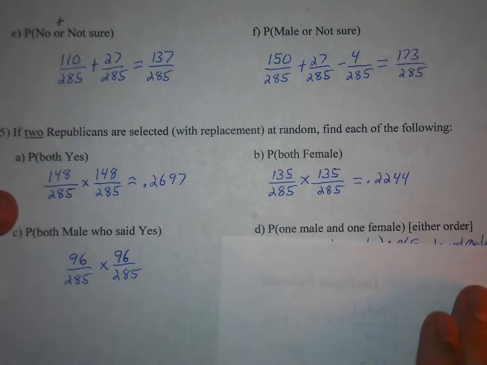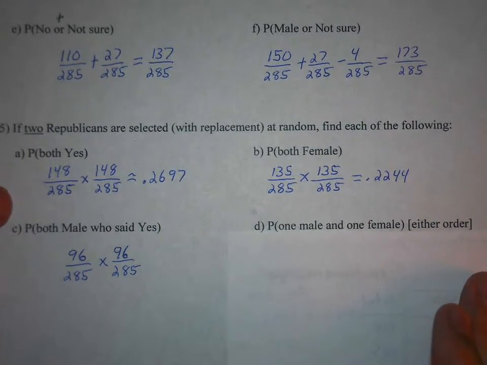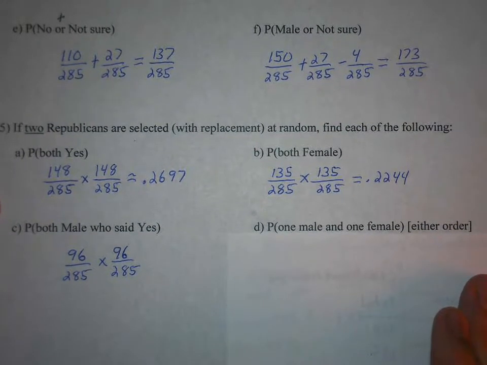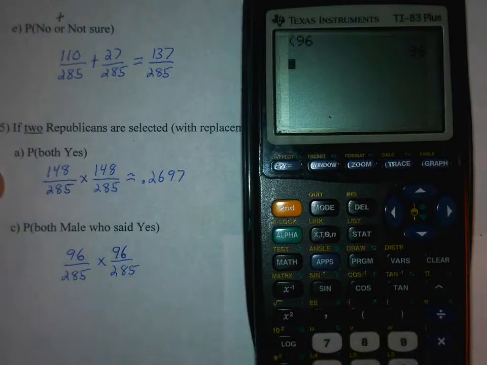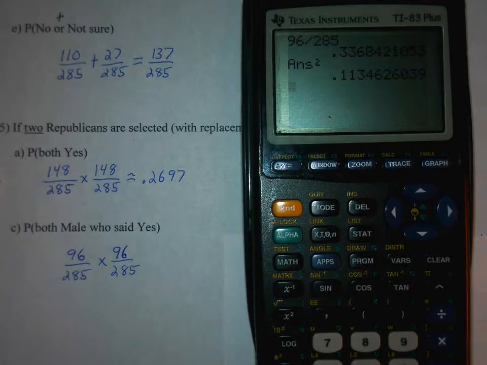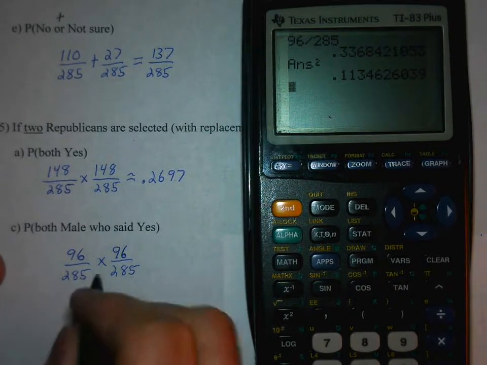So 96 out of 285 times 96 out of 285. I forgot to do the arithmetic on that, but if you do 96 out of 285 and then square that answer, it's about 0.1135.